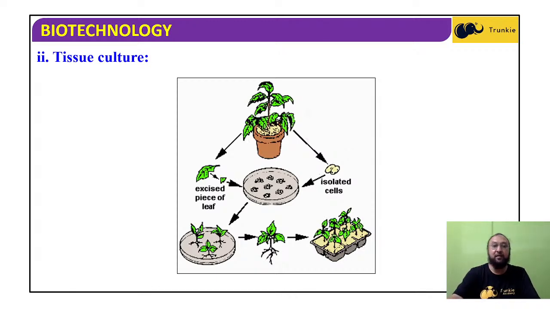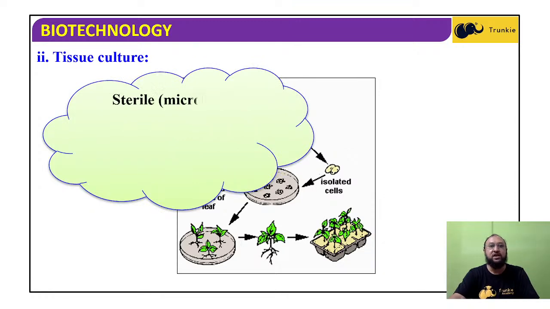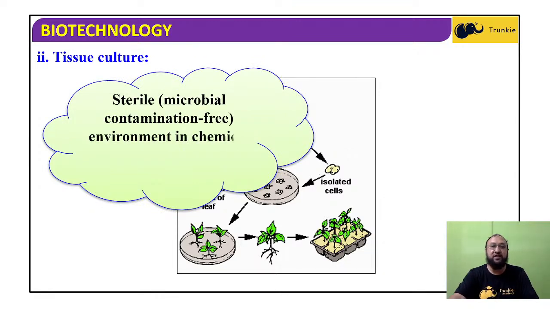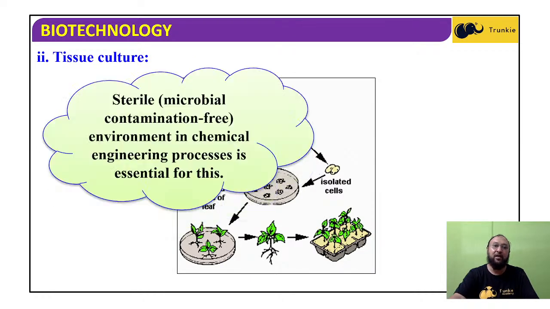That is why the process is called tissue culture. A sterile, contamination-free microbial environment in the chemical engineering process is essential. There should not be any contamination, otherwise the results will not be correct, it will cause a problem, and the desired result will not be obtained.